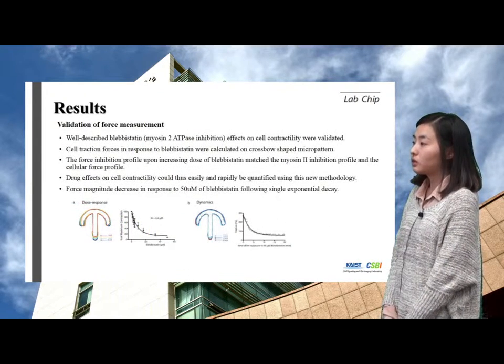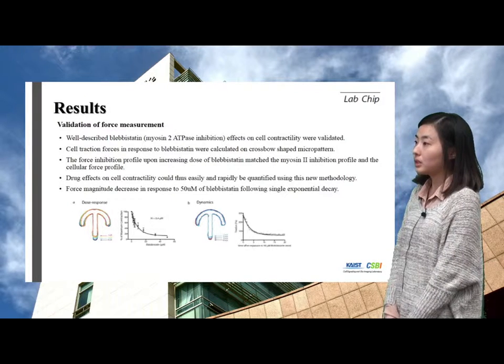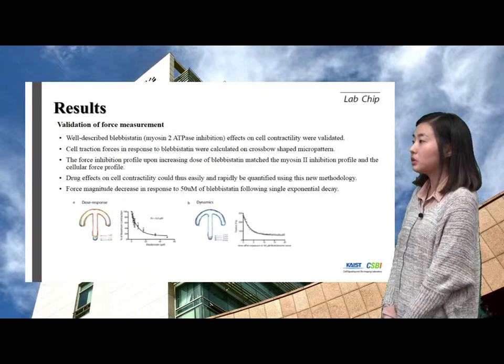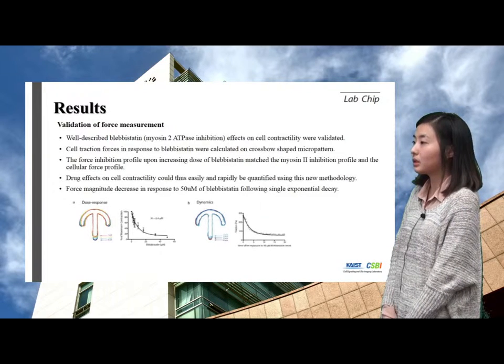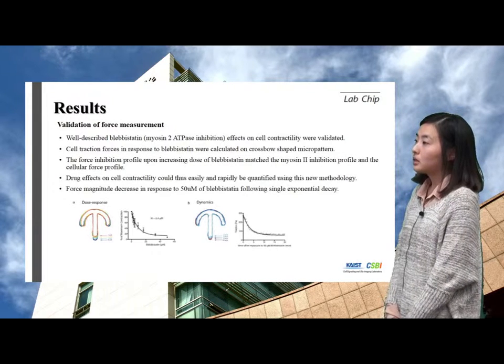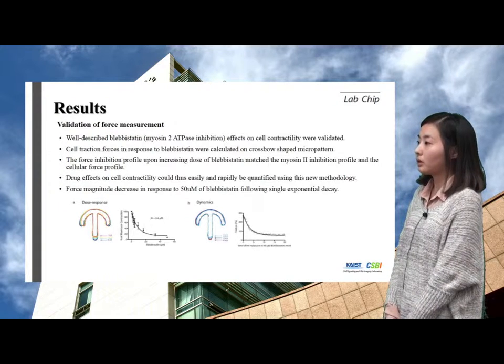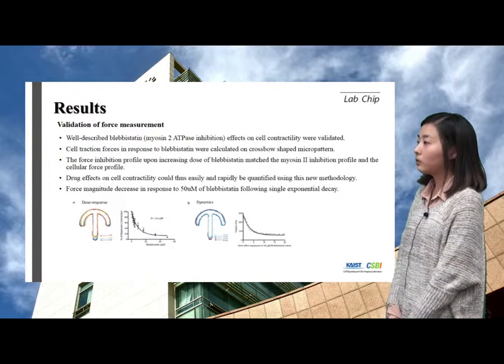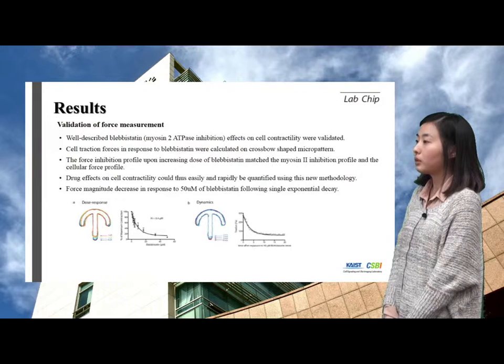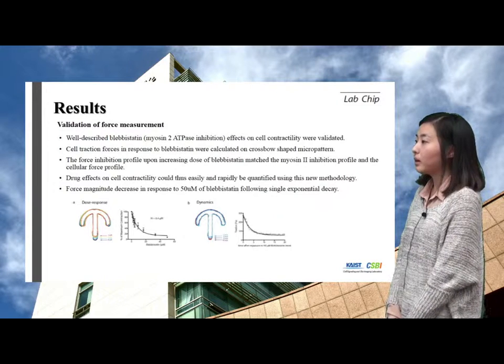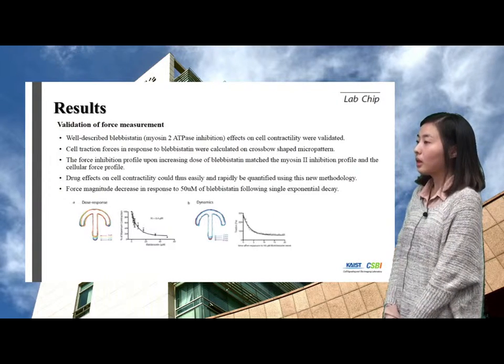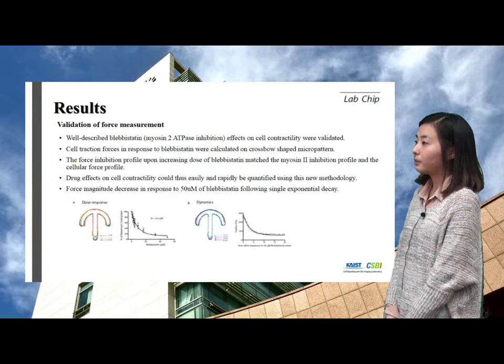To validate force measurement, the well-described blebbistatin, a myosin II ATPase inhibitor affecting cell contractility, was used. Cell traction forces in response to blebbistatin were calculated on crossbow-shaped micropatterns. The force inhibition profile upon increasing dose of blebbistatin matched the myosin II inhibition profile and the cellular force profile.